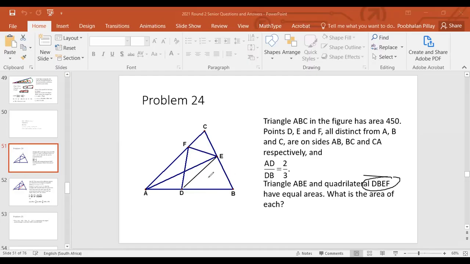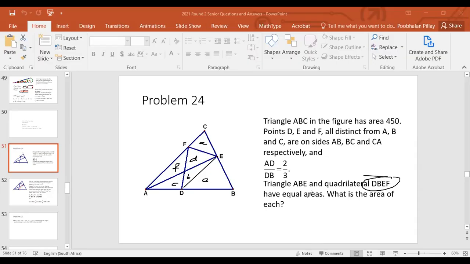So now we give names to the areas of these triangles, okay? Because we are told that the area of a triangle is equal to the area of a quadrilateral. So I'm going to call this A, B, C, D, E, F. Let's give names to all these things.